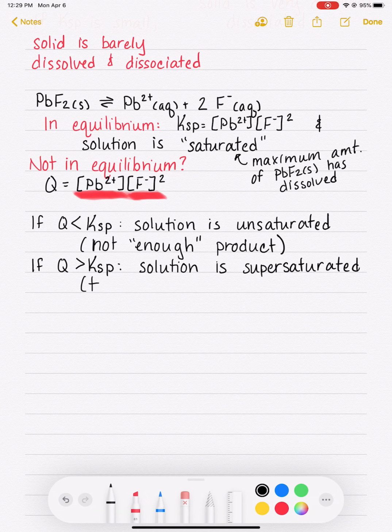So there is too much product in this case. It's unstable, and so it needs to shift its position of equilibrium to the left to get rid of some of that extra product. And then, of course, if Q is equal to KSP, that means that we are perfect and the solution is saturated.